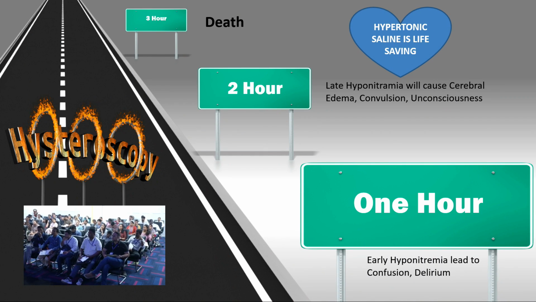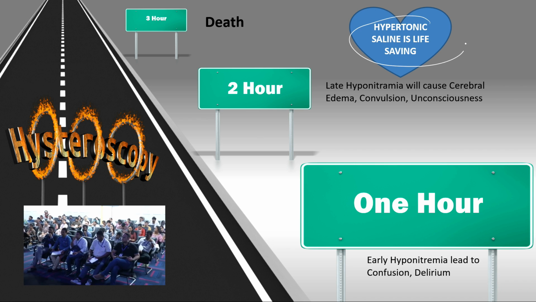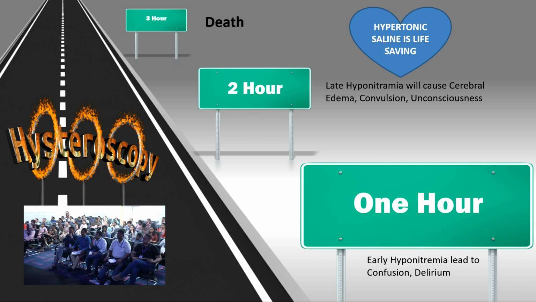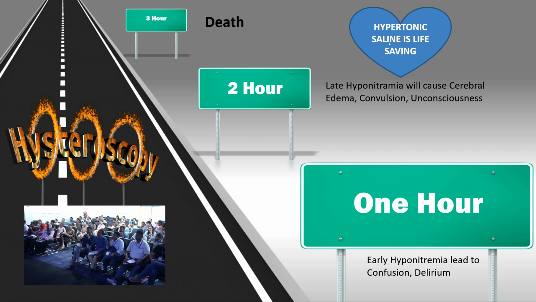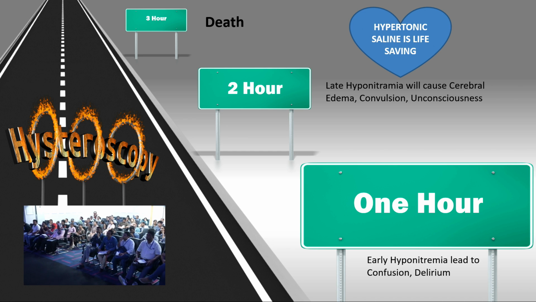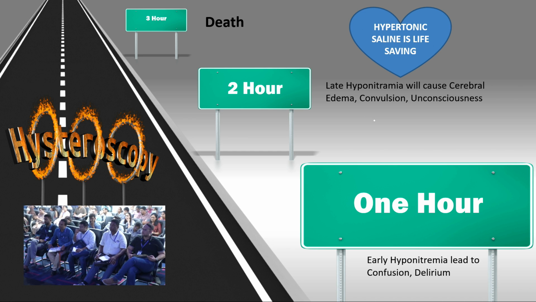But remember that faster correction of sodium is more dangerous. So very slow correction, hypertonic saline has to be given. Very slow. Hypertonic means 3%. Normal saline will not work.